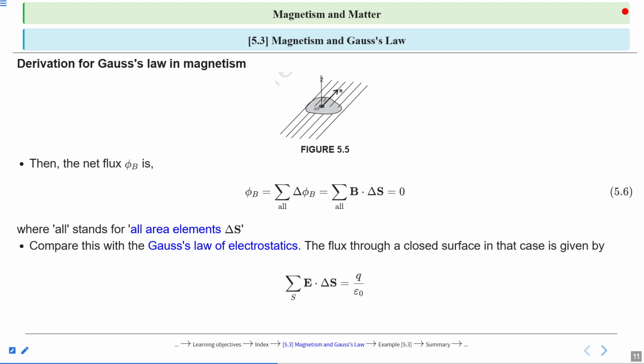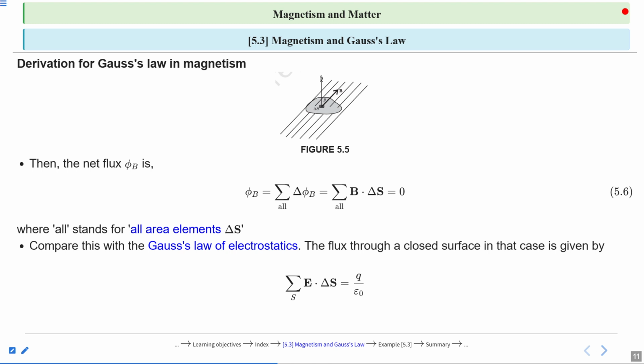Now why are we not integrating, and taking the summation sign instead? Because delta S is significantly large. It is not very small. To get the integration, we have to consider this delta S very small, negligibly small, infinitesimally small.